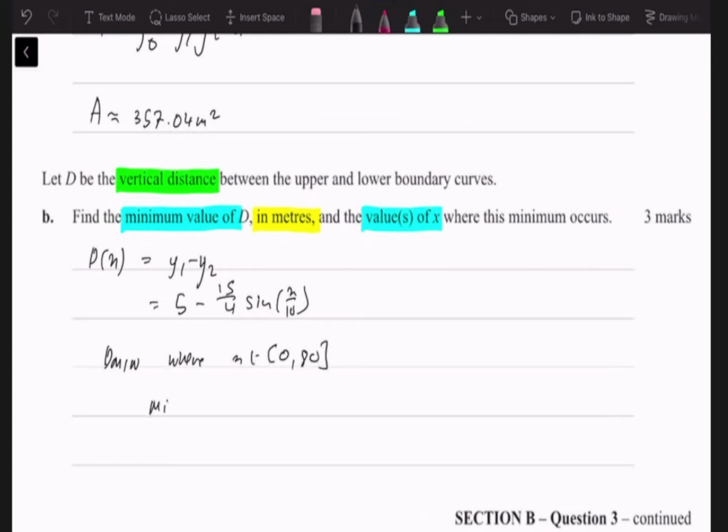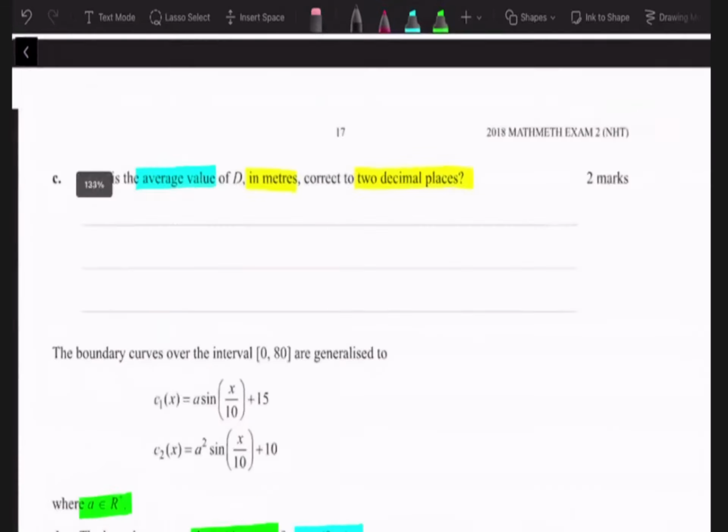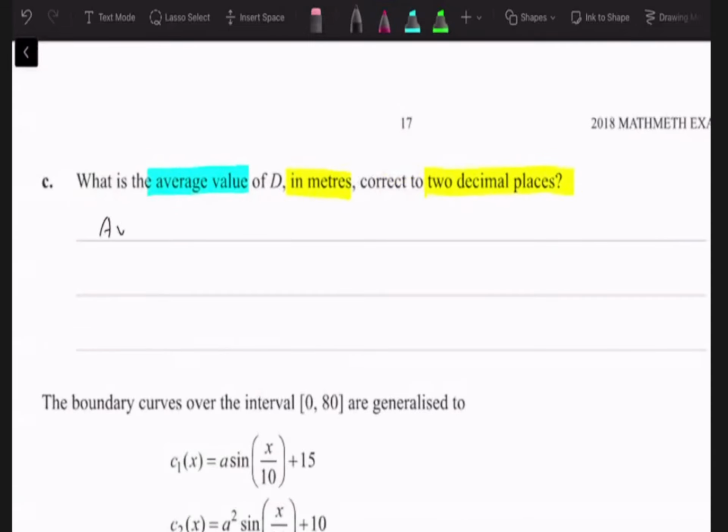The d min is 5.14 meters, and it's asking also when this happens, and that happens when x is 5 pi and x is 25 pi. So average value we know is just the same equation we used in multiple choice, so that's like 4.46 meters.